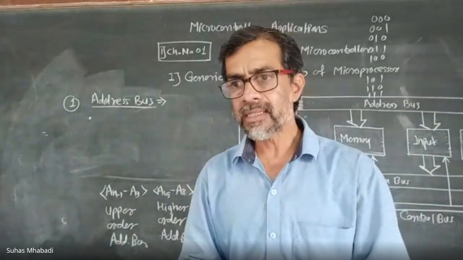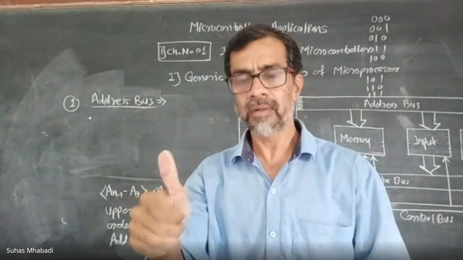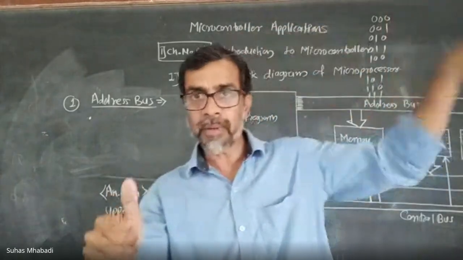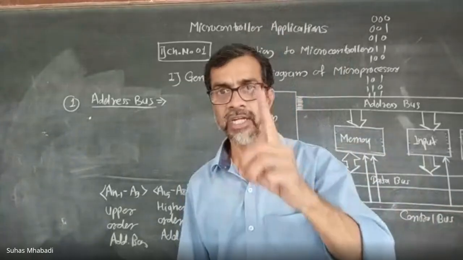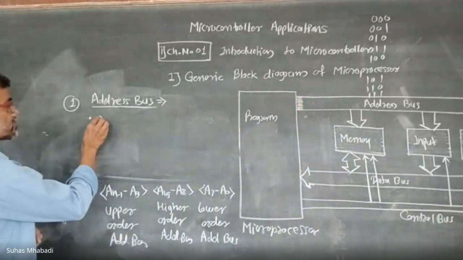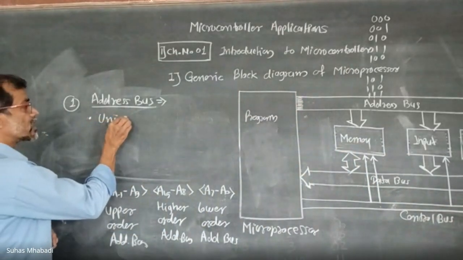So the addresses are given only by the processor and controller to the peripheral devices. So the bus will not be bidirectional, it should be one directional. So this is a unidirectional bus.